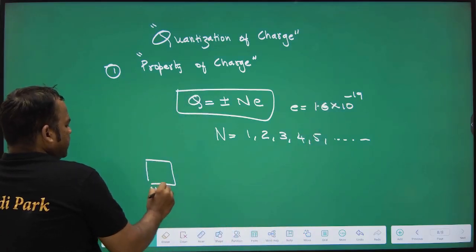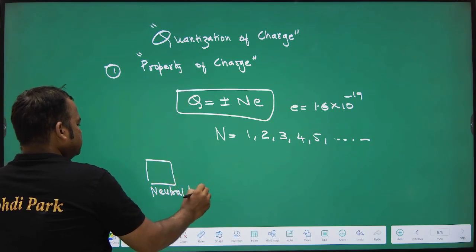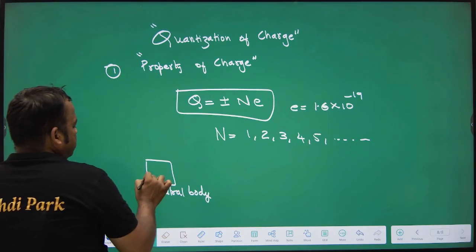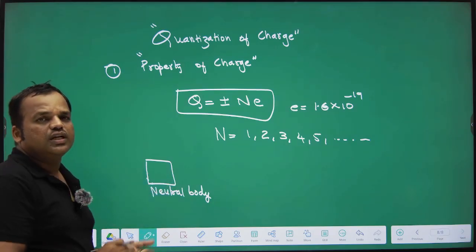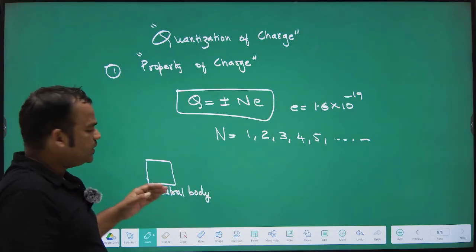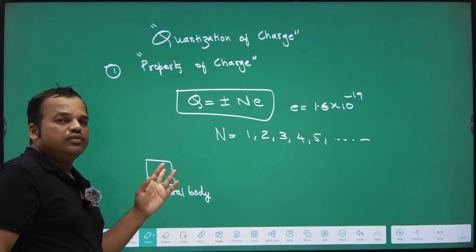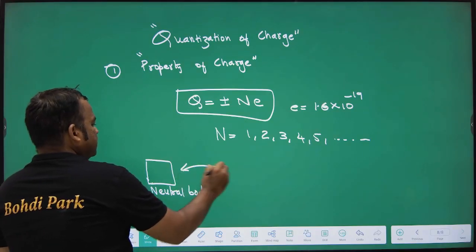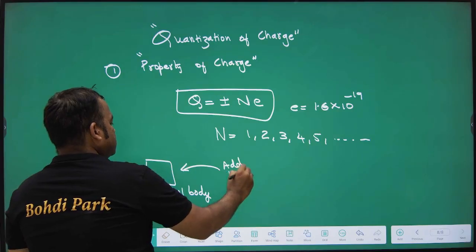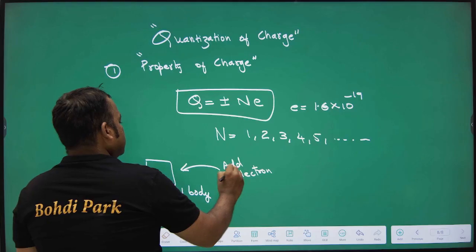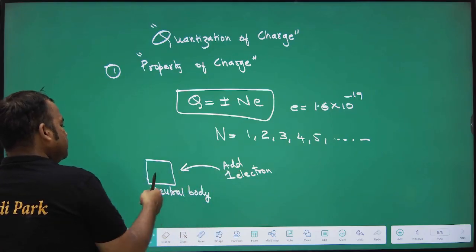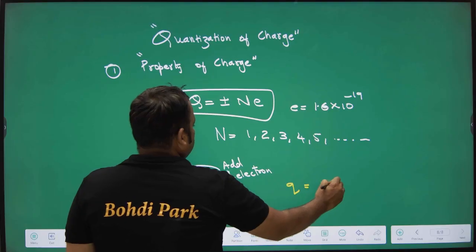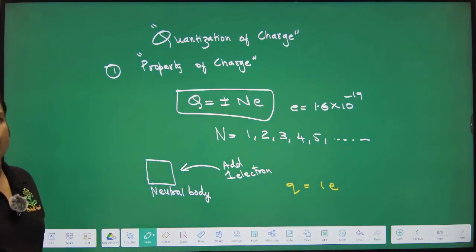Suppose we have a neutral body. This is a neutral body, meaning the total charge is 0, no charge is there, meaning the number of positive charges is equal to the number of negative charges, or the number of electrons is equal to the number of protons. So the total charge is 0. Now suppose you add 1 electron to the neutral body, it will get a charge of minus 1e.